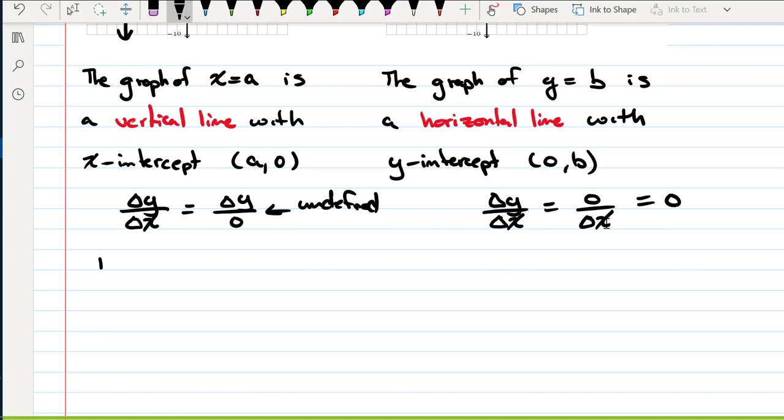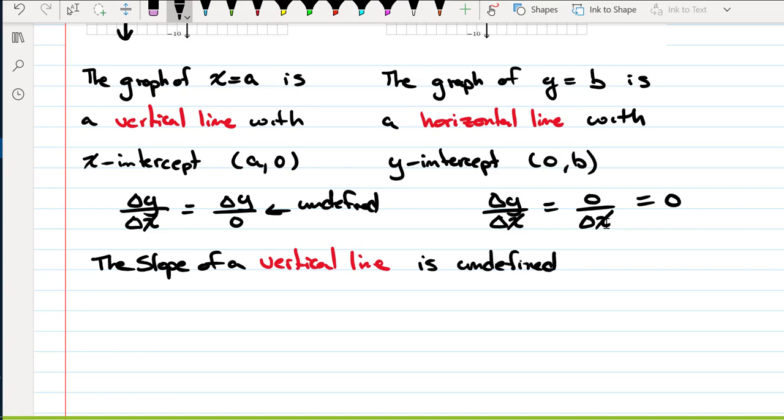So to summarize, the slope of a vertical line is undefined, the slope of a horizontal line is 0.